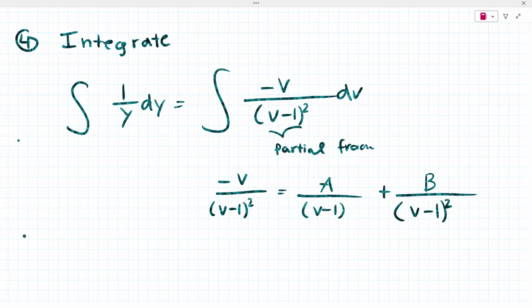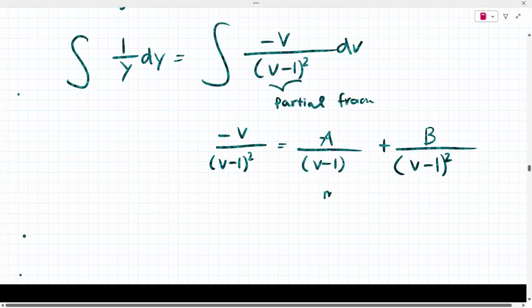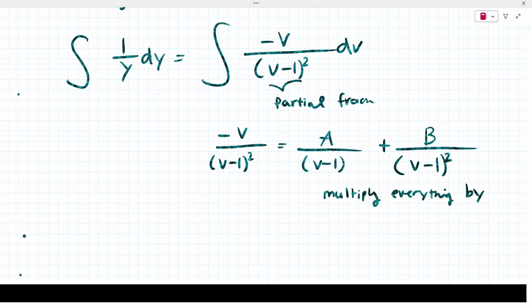Then what you would do is multiply everything by the LCD, which is v minus 1 squared.